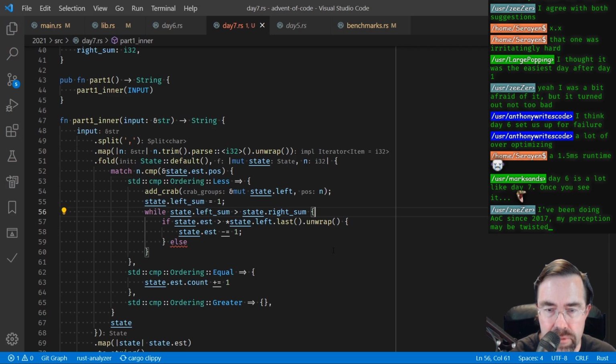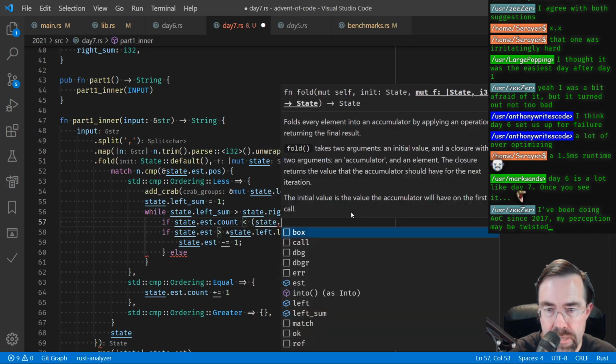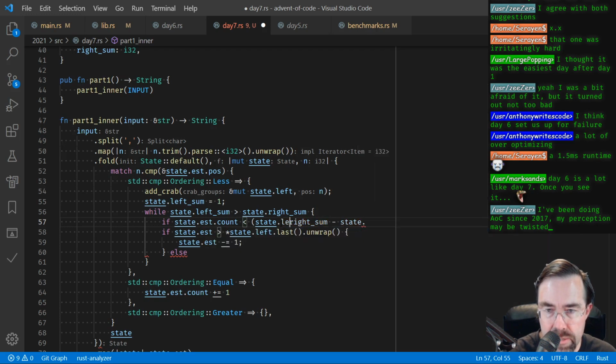And we move it by, well, we might move it if the number of crabs on our estimate doesn't throw it too far out of balance, because we could be unbalanced. So I guess we could say if state.estimate.count is less than state.right_sum minus state.left, it's left minus right.